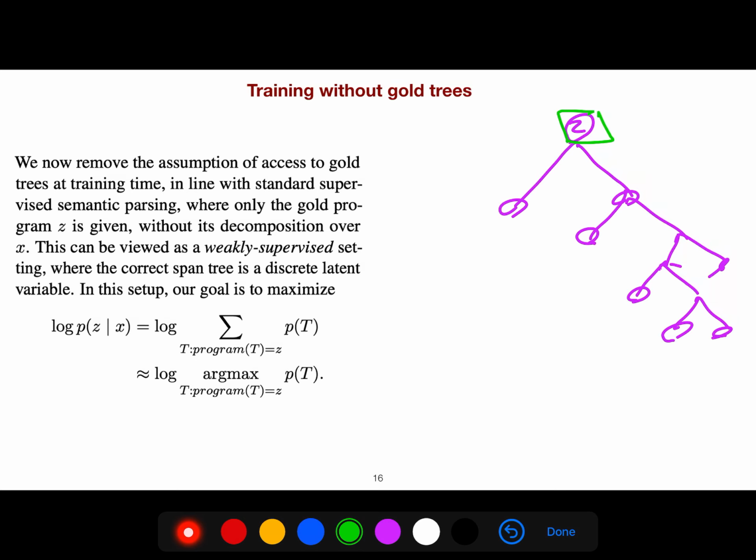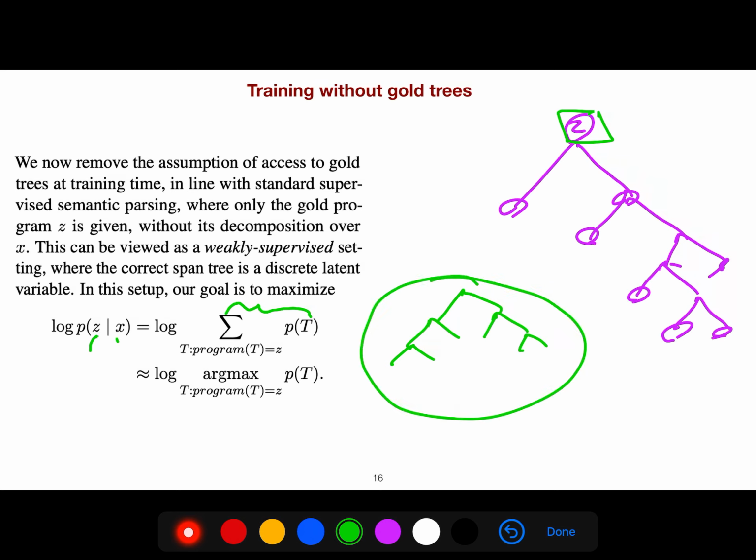So our goal is the probability of your program given X. Because there are many trees that can create Z, this is another tree, there are many trees that have the root Z, so we sum over them. Just like PCFG, probabilistic context-free grammar, in my playlist for probabilistic context-free grammar, we had many things.